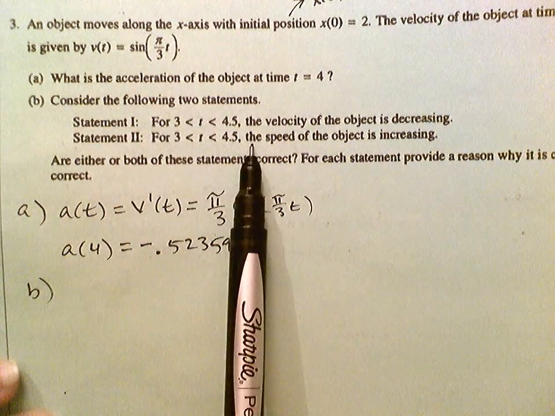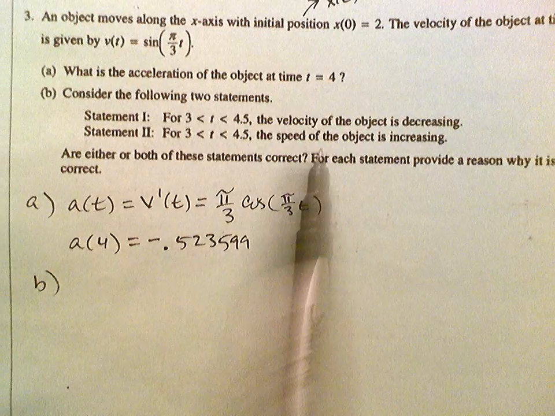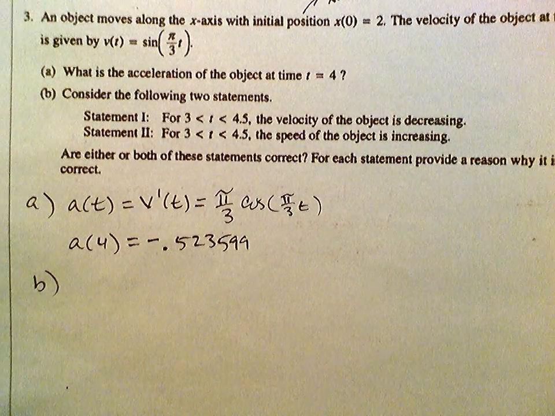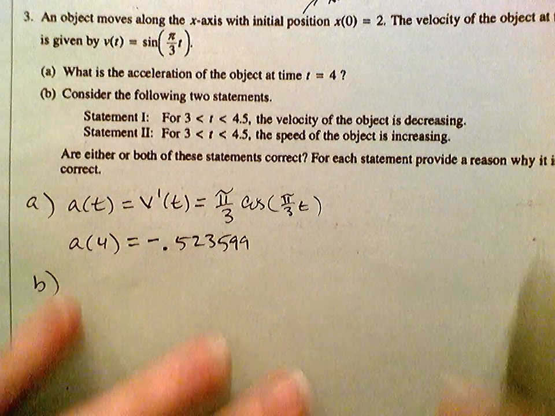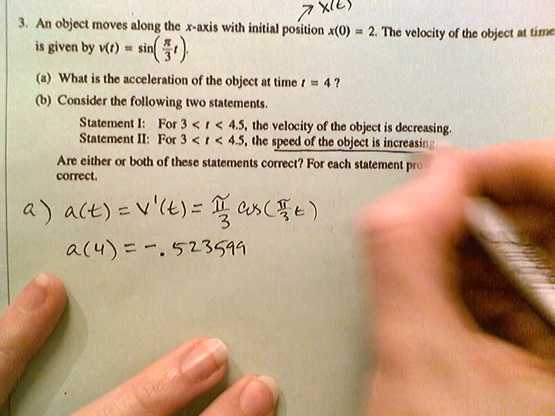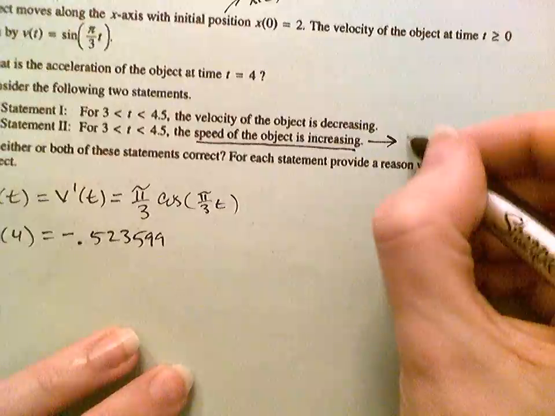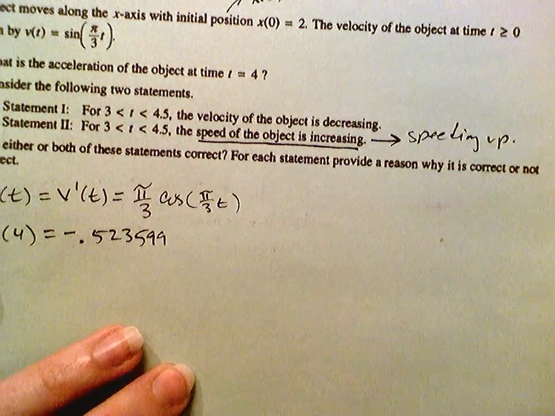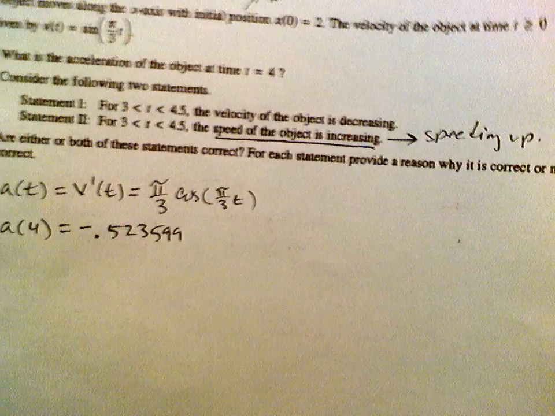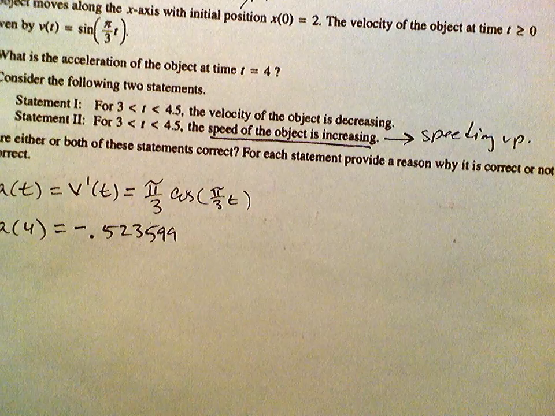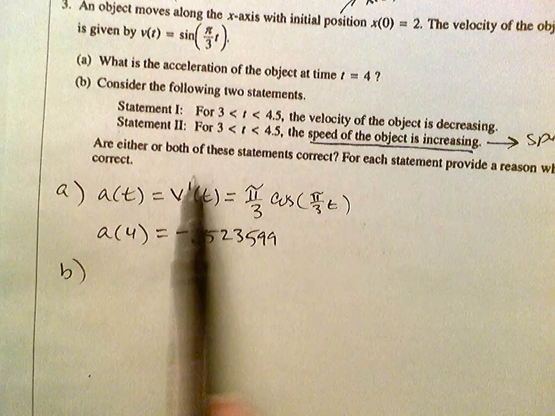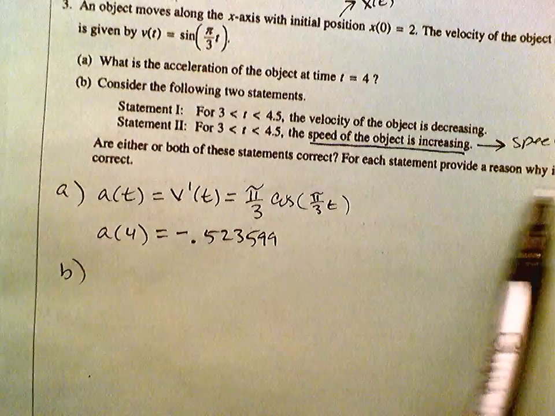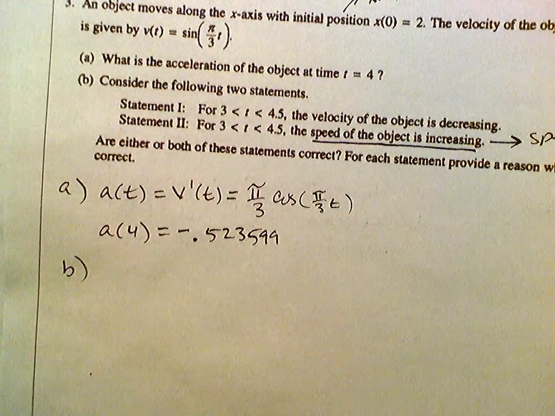For the same time interval, the speed of the object is increasing. Another way of saying the speed of the object is increasing is to say it is speeding up. Are either or both of these statements correct? For each statement, provide a reason why it is correct or not correct.